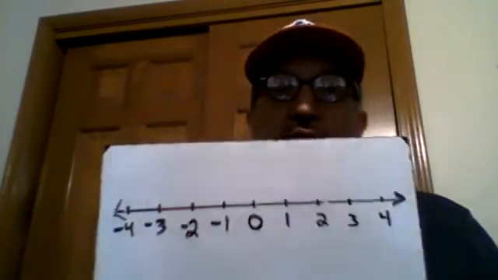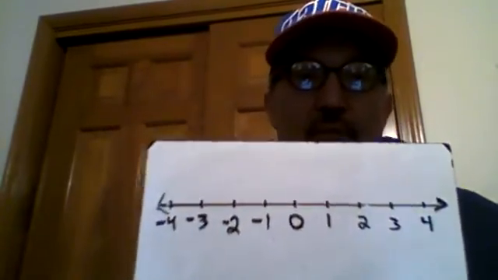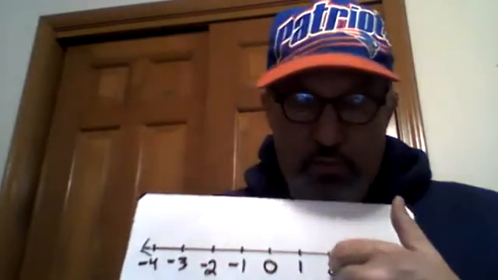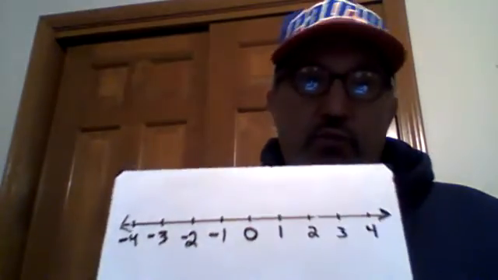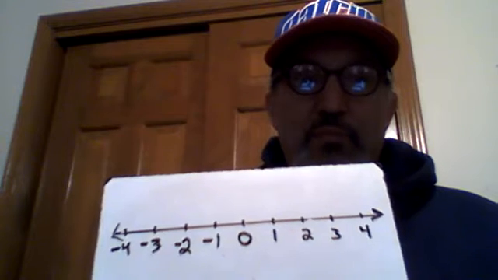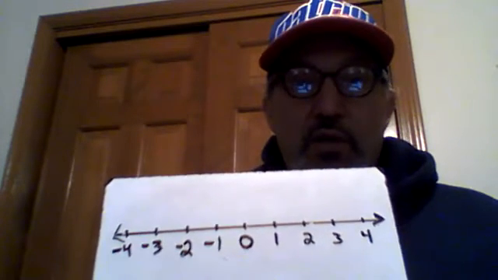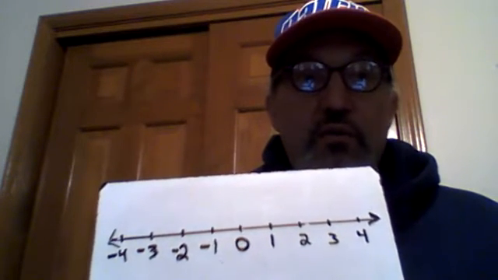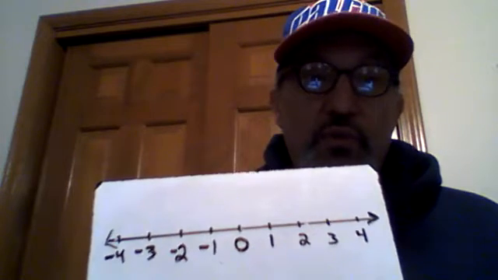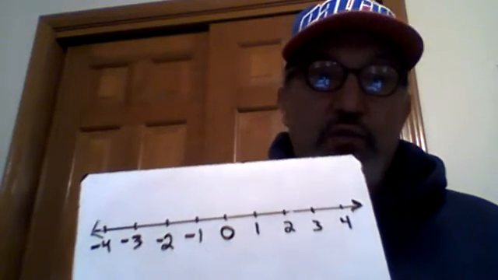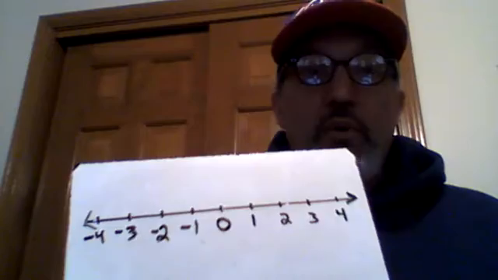So let's talk a little bit about now the concept of distance from 0. Well, the number 3 is 3 units away from 0. But now there's another number that is also 3 units away from 0, whose distance from 0 is 3. And that, of course, is negative 3.